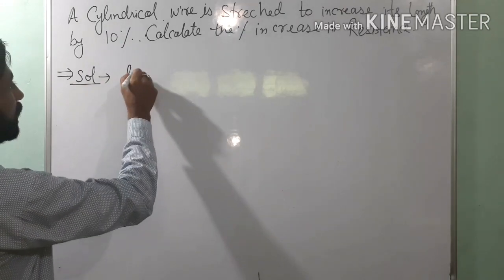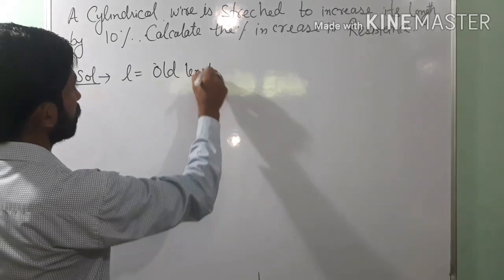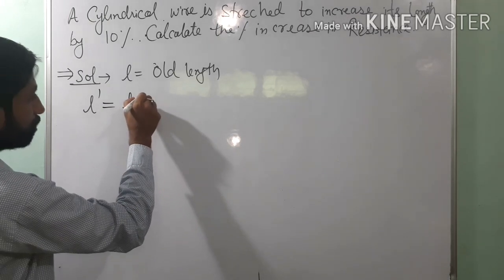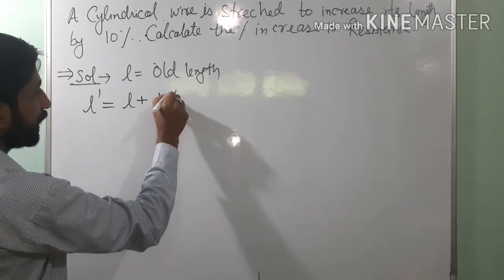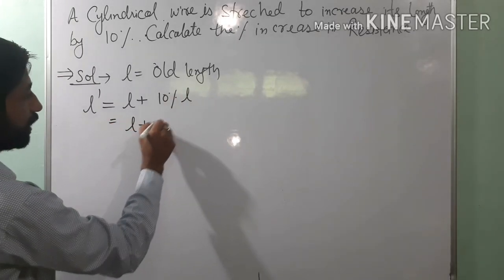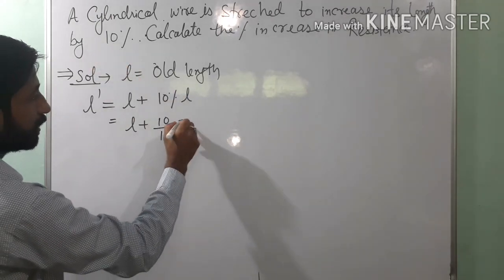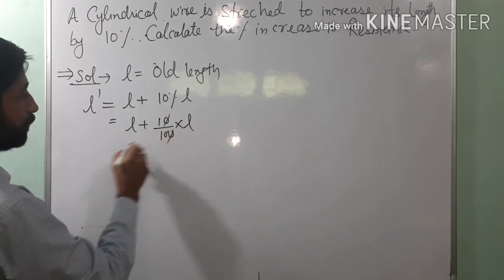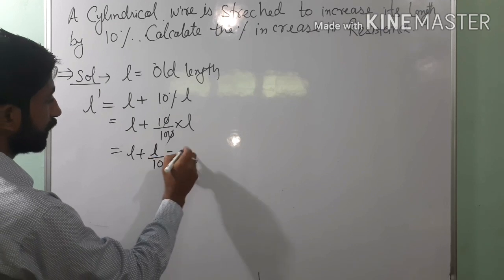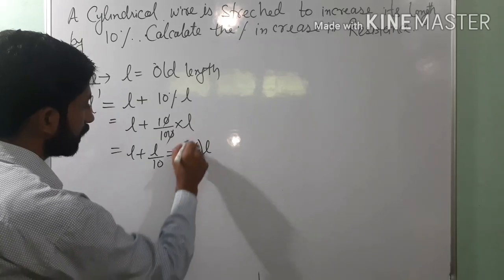So say L is the old length. So new length L dash is equal to previous length plus 10% of L. 10% is equal to 10 over 100 into L. So this is giving you L plus L over 10, that is 11 L over 10.